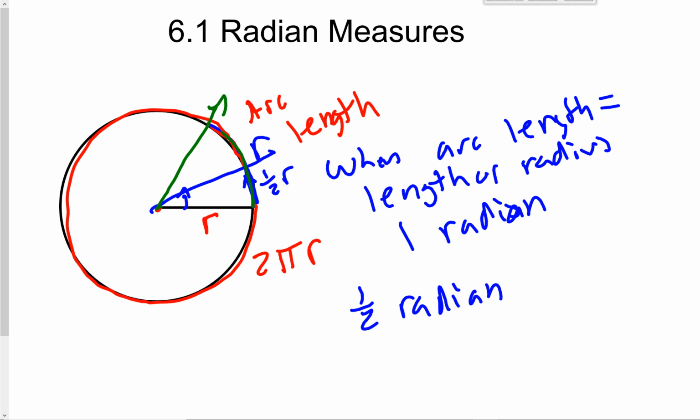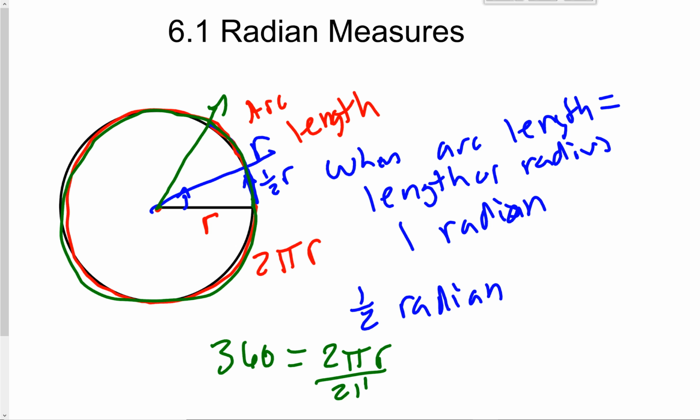So 1 full rotation would be 360 degrees, and we know that equals 2 pi r. So that means if I just go ahead and solve for r now, that r would equal 180 over pi.